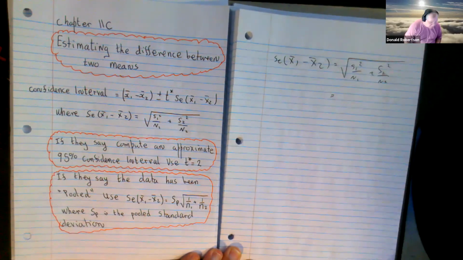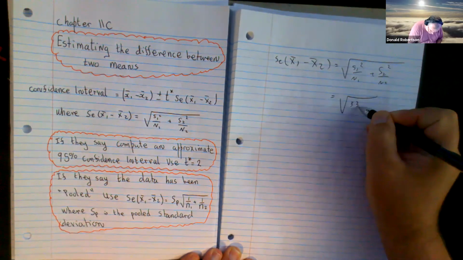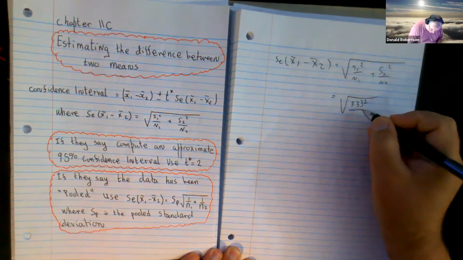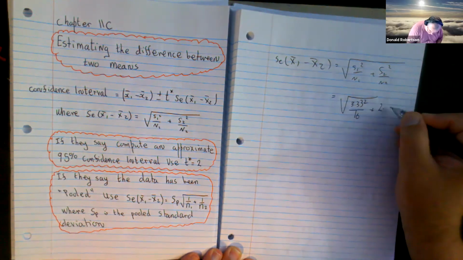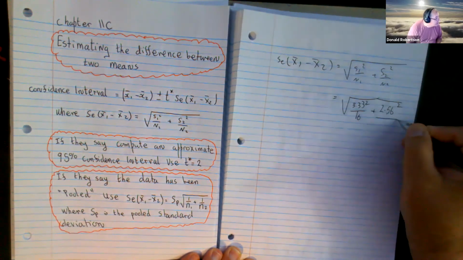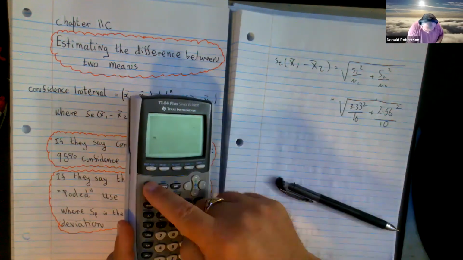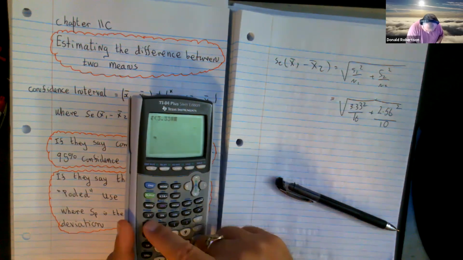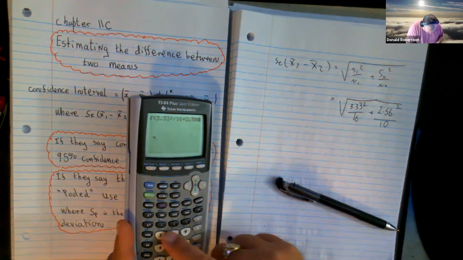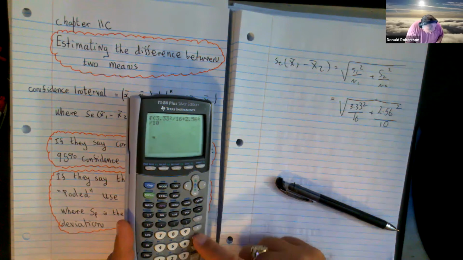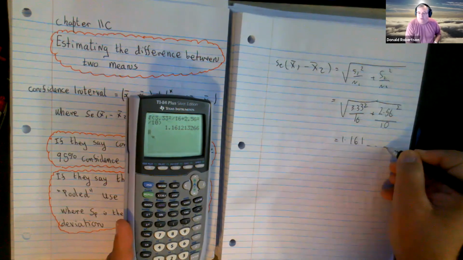So you can't see it anymore, but this one was 3.33 and the sample was 16. And this second one was 2.56 and the sample size was 10. So I'd go over here and do the square root of 3.33 squared divided by 16 plus 2.56 squared divided by 10, and I get the answer 1.161, to whatever degree they want.